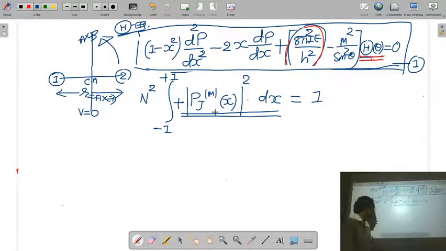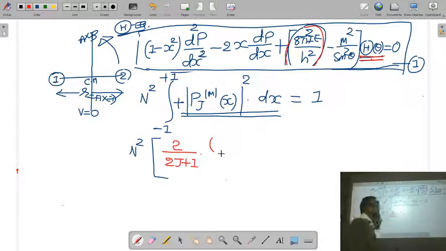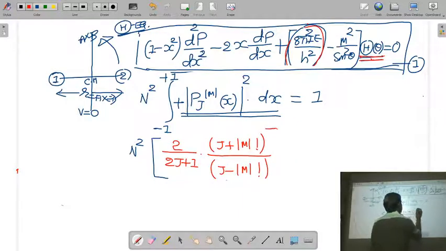From the orthogonality property, the value of this integral comes out to be N square times 2 upon 2j plus 1, j plus n factorial upon j minus n factorial, and that is equal to 1.